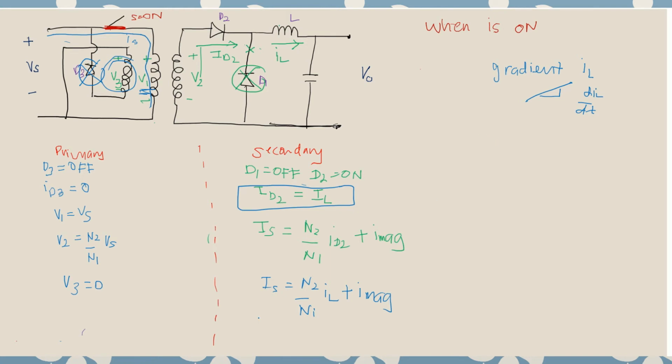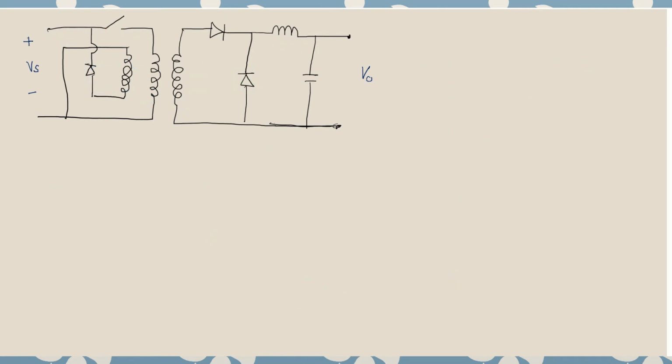So if we apply KVL at the secondary, this is the secondary side. We start from here. We see the negative first.